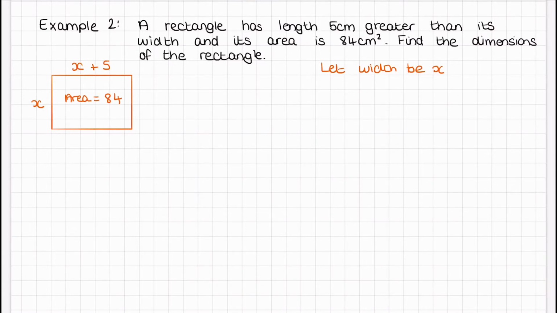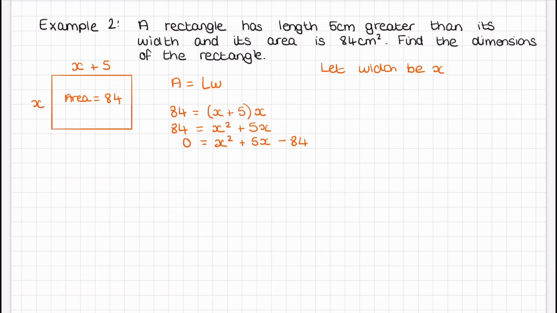So from here, if we know the area equals 84, the area of a rectangle is length times width, which we know that's going to be 84 equals the length, which is x plus 5, multiplied by the width. And now we're just going to solve this. So the first thing we have to do is expand the brackets, and then rearrange it. Oh look, it's a quadratic, so we're going to make it equal 0.